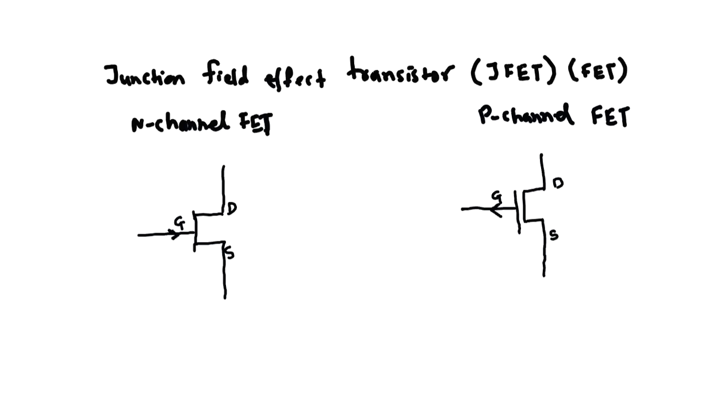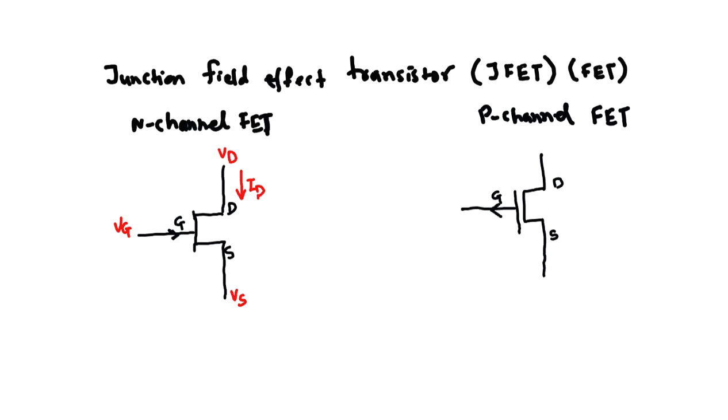Now, let us understand the direction of the currents flowing through these transistors. Before that, the voltage at the drain is called drain voltage VD. The voltage at the gate is called gate voltage VG. The voltage at the source is called source voltage VS. The direction of the current through the drain is ID.